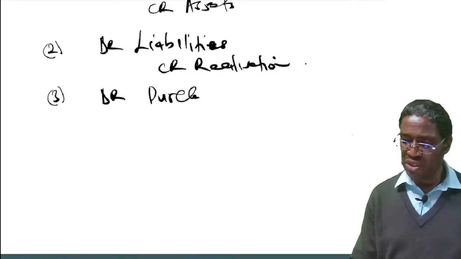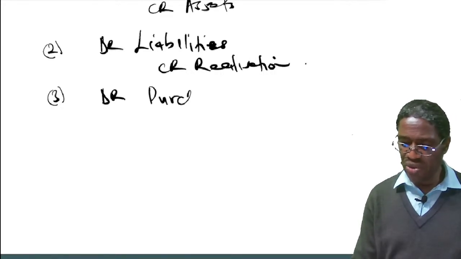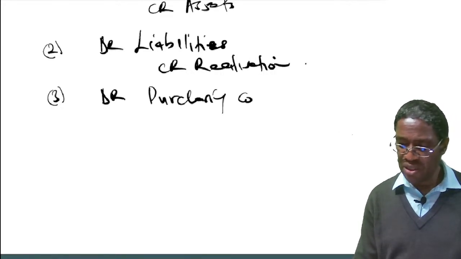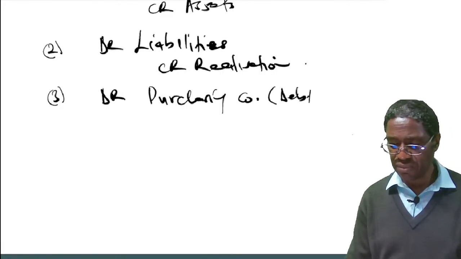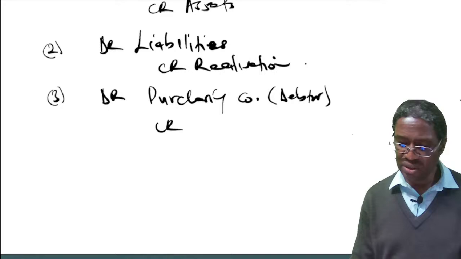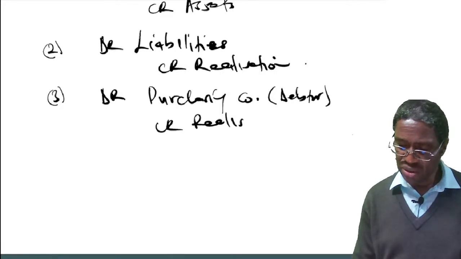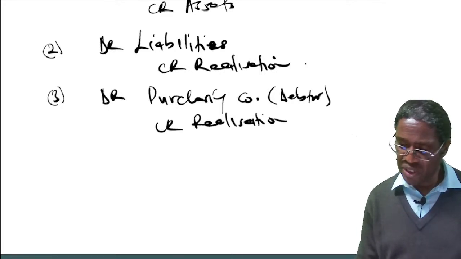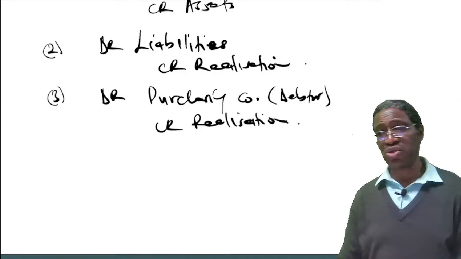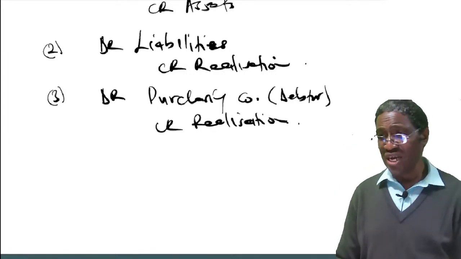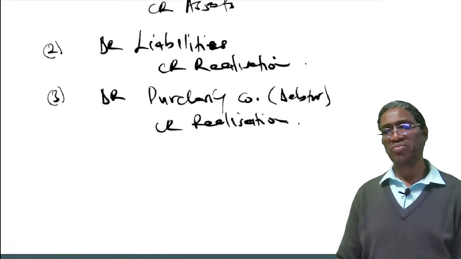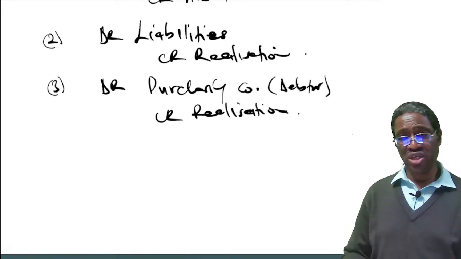The examiner will give you the name of the purchasing company. Debit purchasing company, you can put in bracket data, credit realization. That's our entry number 3.